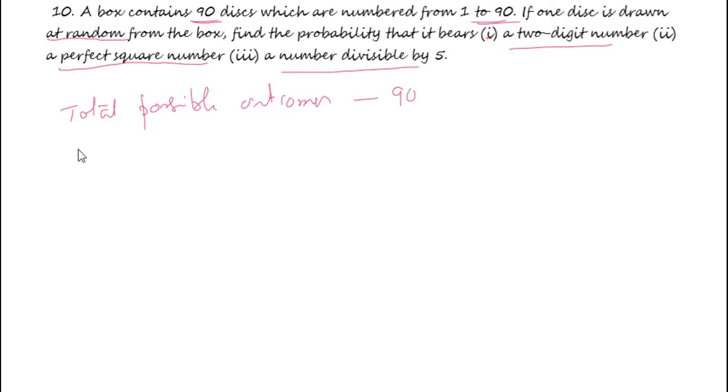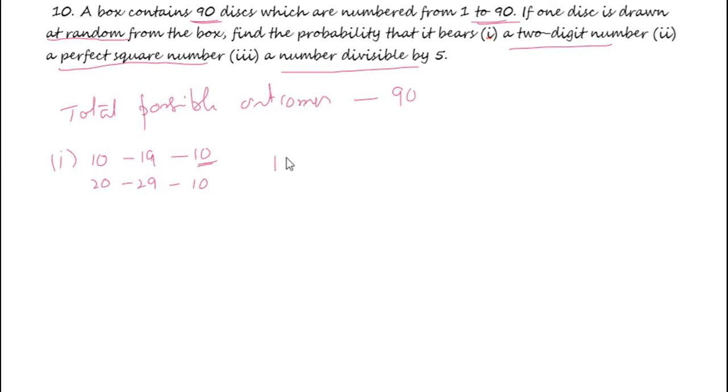Now let us take the first one. It is a 2-digit number. 2-digit numbers start from 10. So you have 10 to 19, 10 numbers, then 20 to 29, another 10 numbers. Like this up to 89, you have 8 sets of such numbers.